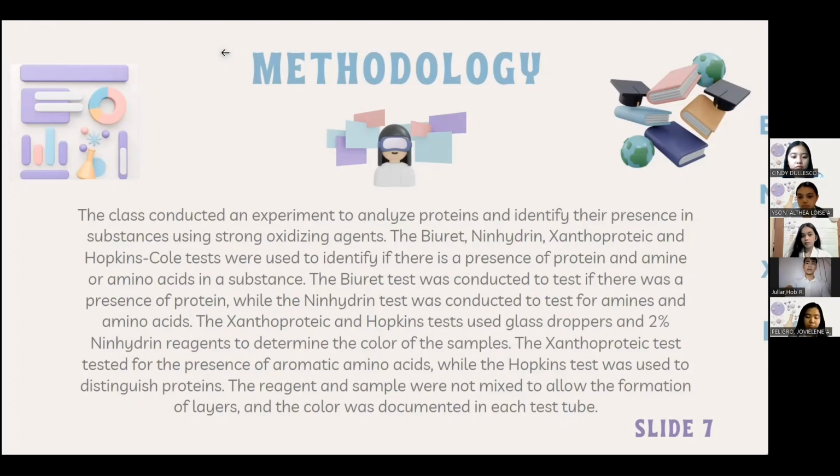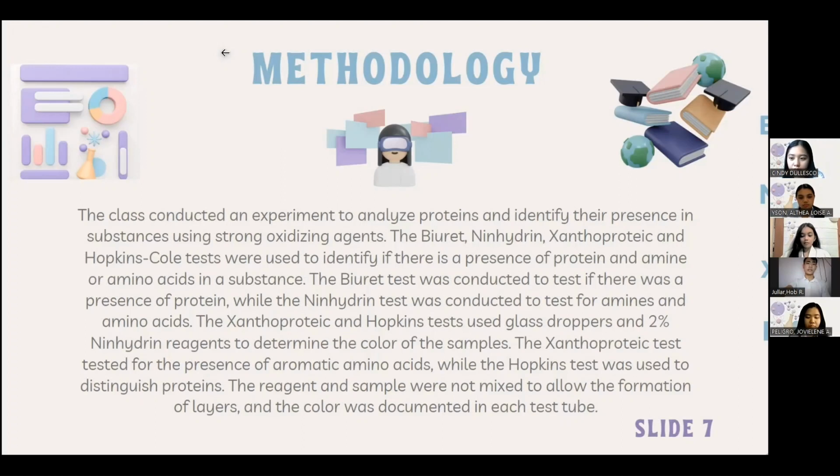The samples and the concentrated nitric acid were mixed properly and put in an inclined position before being heated. Then the experimenters placed the test tubes in tap water to allow them to cool and poured 2 ml of 40% sodium hydroxide into all the test tubes and observed the color present in each sample.